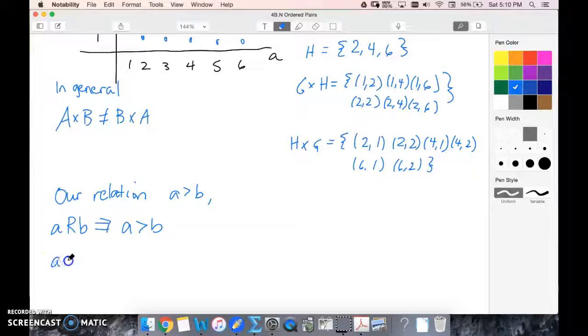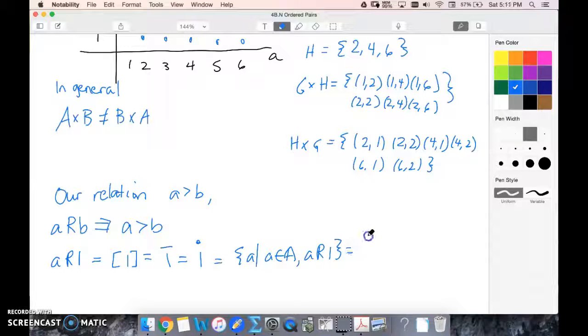So if we look at all the points where A is related to 1, we could use this notation of 1, or we could put a line over 1, or we could put a dot over 1. And all of those are going to be the A values where A is an element of A and A is related to 1. So in this case, that set of values is going to be 2, 3, 4, 5, and 6. Because these are the values that are all greater than 1 in our set.